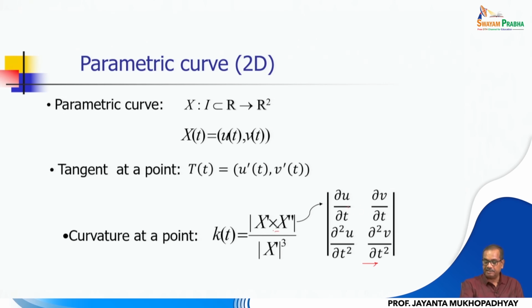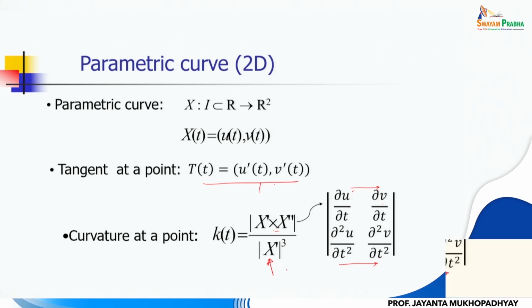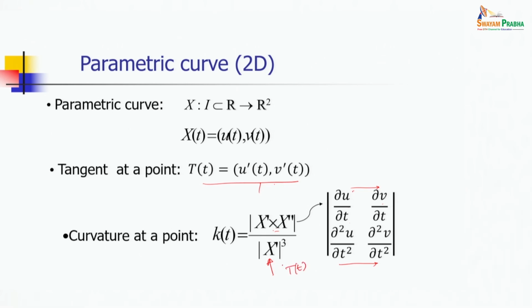It is defined as the determinant of the first derivative row vector and then the second derivative row vector, so that is how the first row and second row are defined. Then you get the magnitude of this tangent vector, and you take the cube of it. So this is how it is defined.